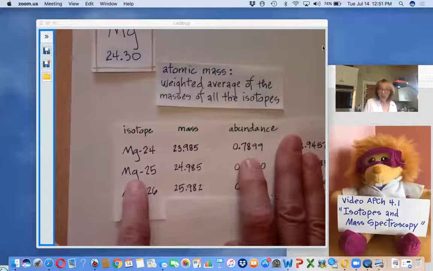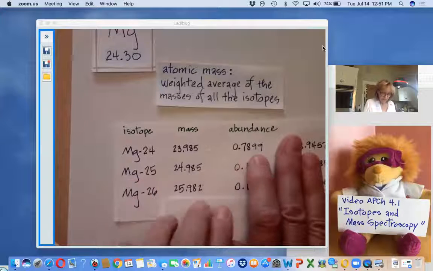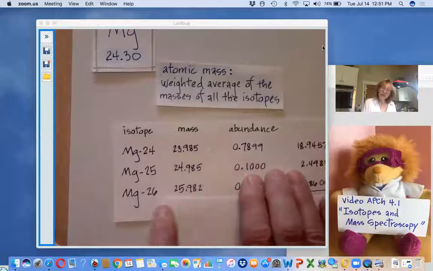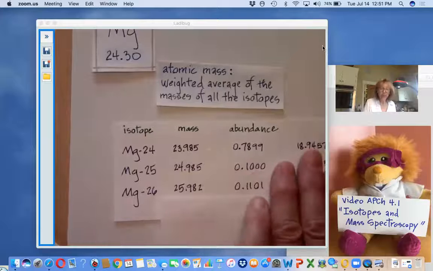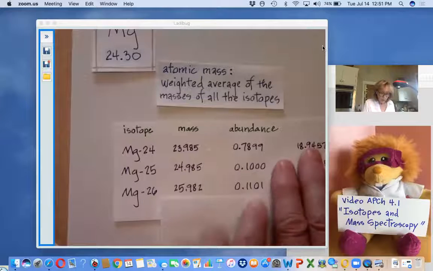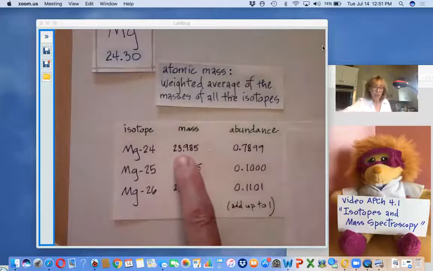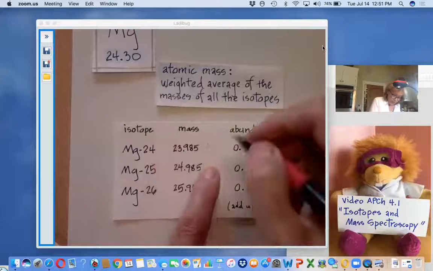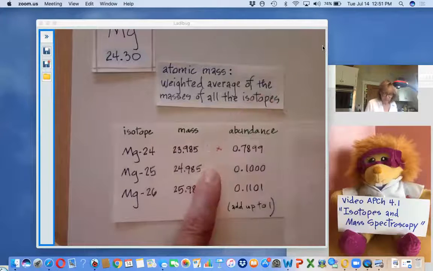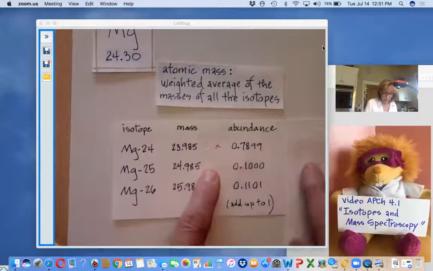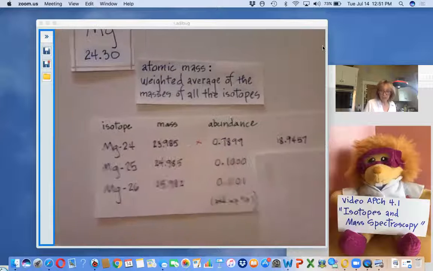And then the abundance of magnesium-25 is 10%. See how I wrote that as a decimal? And the third isotope, the heaviest of all, is 11.01%. So what we're going to do is take each isotope's mass and multiply it by its abundance, expressed as a decimal, and we get this product.